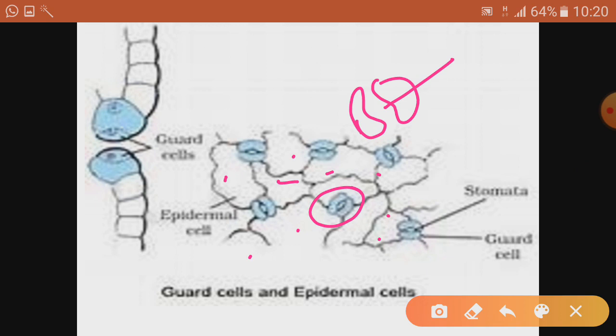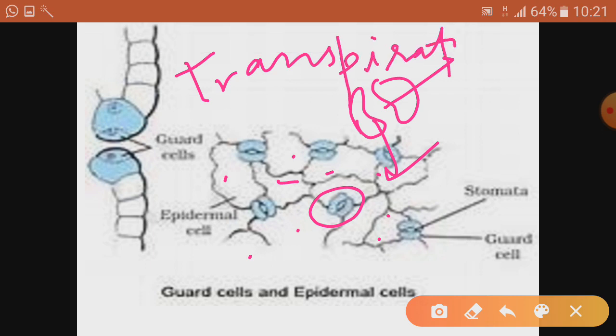Stomata help in exchange of gases during photosynthesis and respiration, and also in transpiration. So these are the two functions of stomata, and when you tell the function of stomata, you are telling the function of epidermis also, because stomata are present on the epidermis itself.